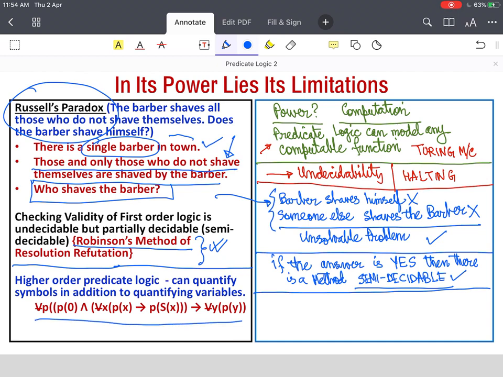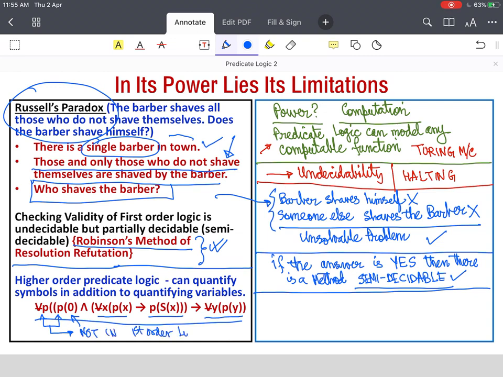The last thing that we will discuss is this query. This query quantifies predicates, which is not allowed in first order logic. It says for all p, p of 0 is true, and if for all x, p of x is true, then if for all x, p of x being true implies p of s of x is true, then for all y, p of y is true. This quantifies predicates.